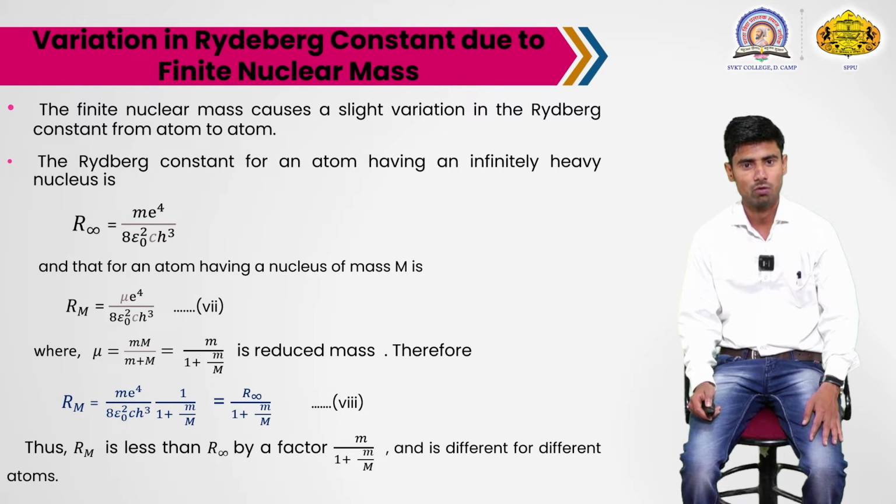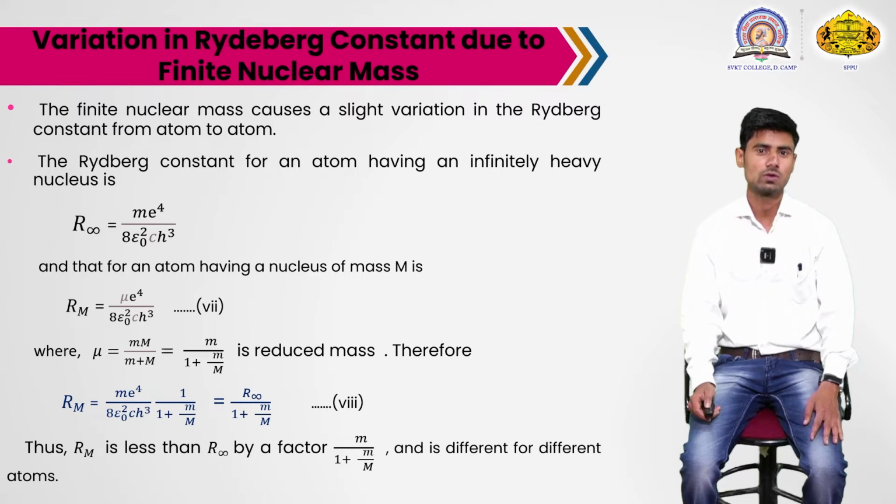equals m e power 4 divided by 8 epsilon 0 square ch cube. And for an atom having a nucleus of finite mass capital M, I can write the Rydberg constant as R M, where the suffix M stands for a nucleus of mass M, equals mu e power 4 divided by 8 epsilon 0 square ch cube.